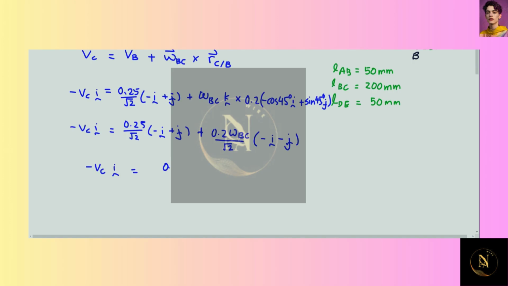We have 0.25 over root 2 plus 0.2 omega BC over root 2, times minus I, and then plus 1 over root 2 times 0.25 minus 0.2 omega BC, times J.